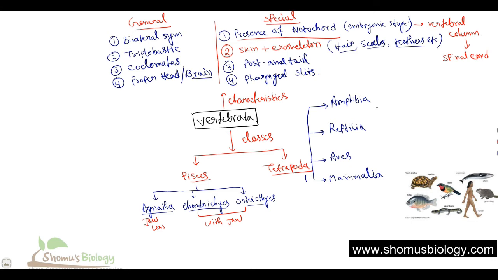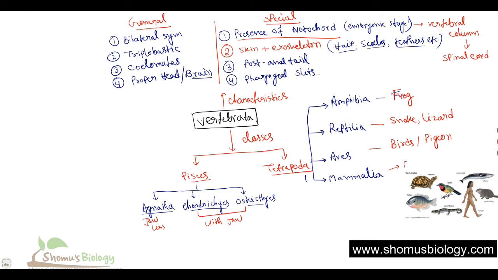Amphibia means amphibians. We know all the examples out there, right? Frog, for example. Let's take a different color. Frog. Reptilia: snake, lizard, dinosaurs. Birds are the example of aves, for example, pigeon.